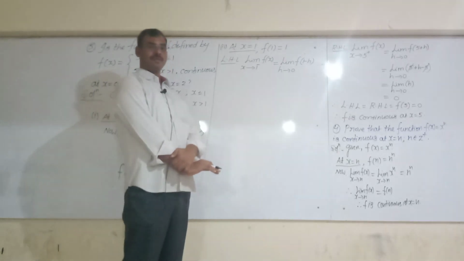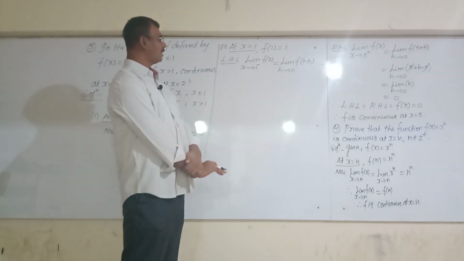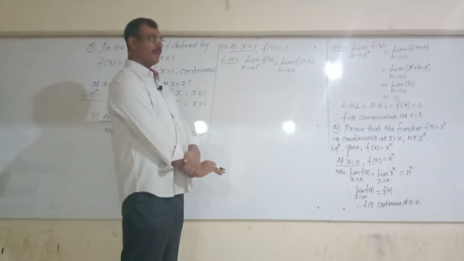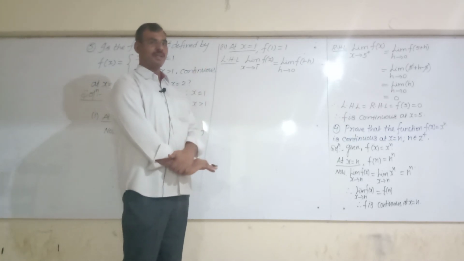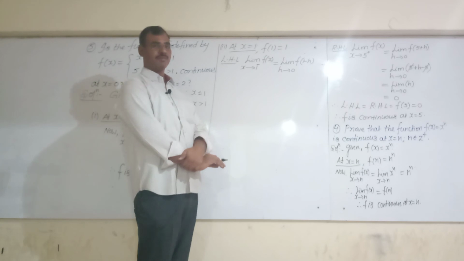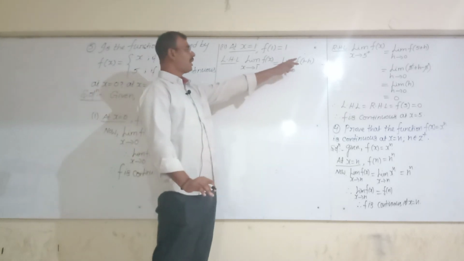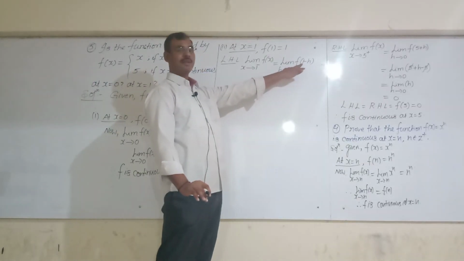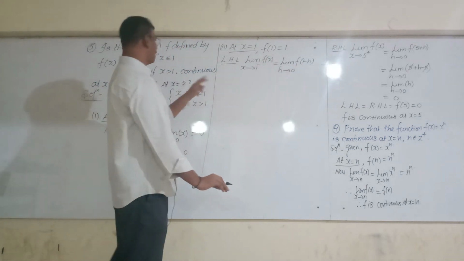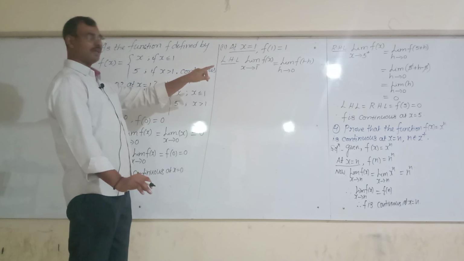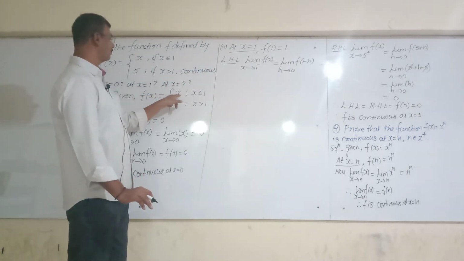It is very beautiful. If you observe, 1 minus h, is it smaller than 1? H is a small quantity. If you subtract a small interval from 1, is it smaller than 1? Yes. If x is smaller than 1, what is the f of x value?